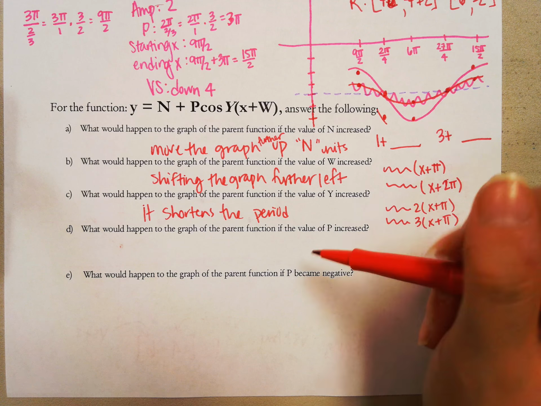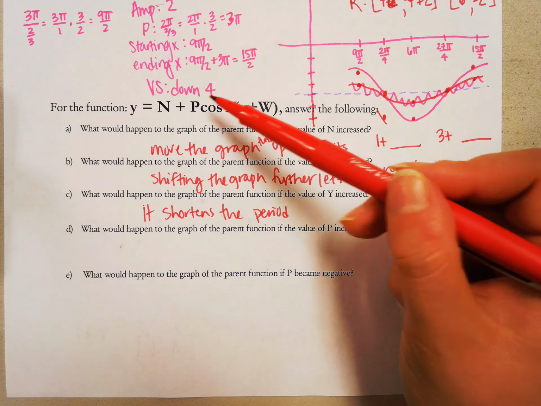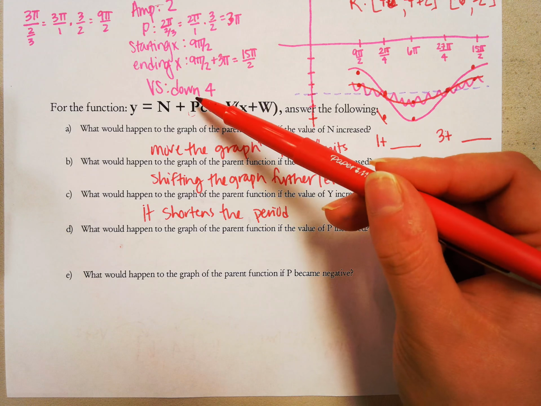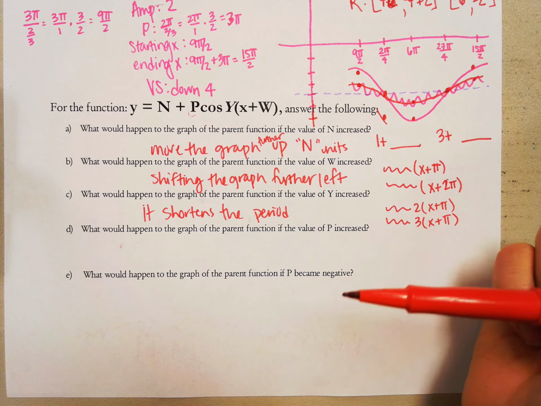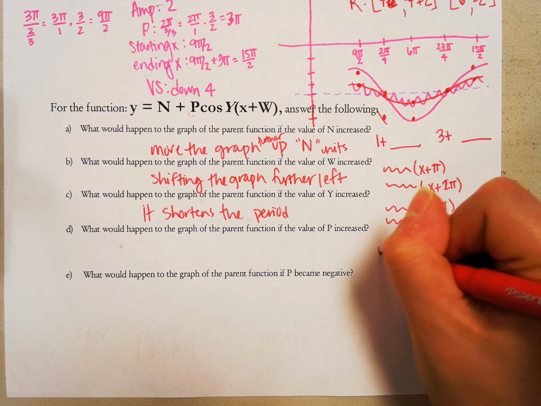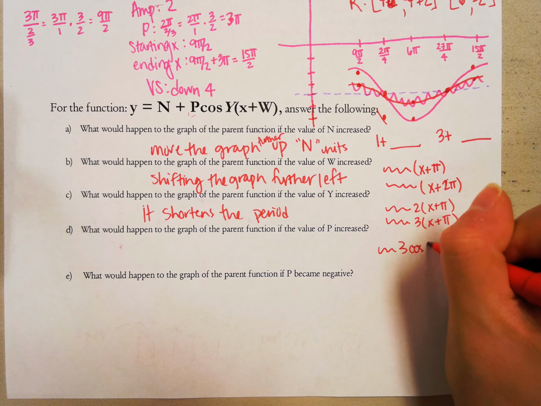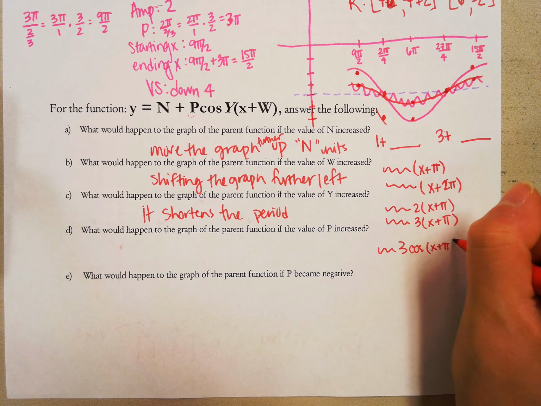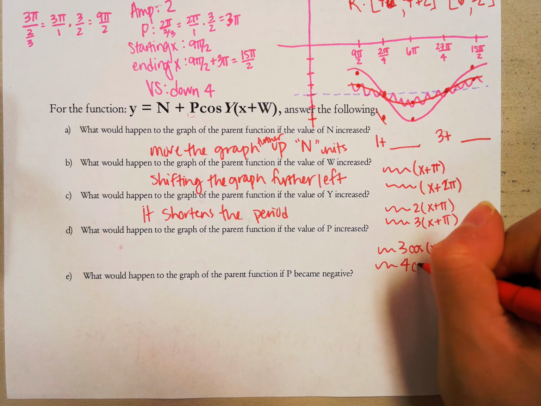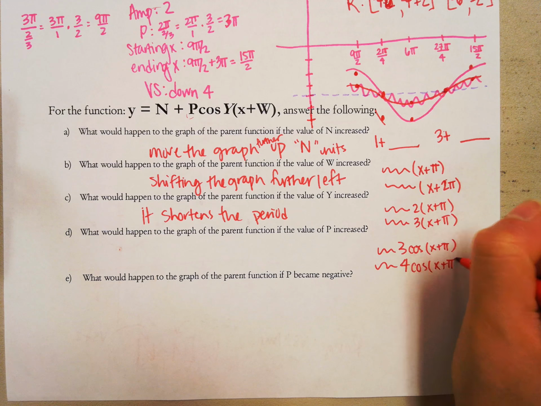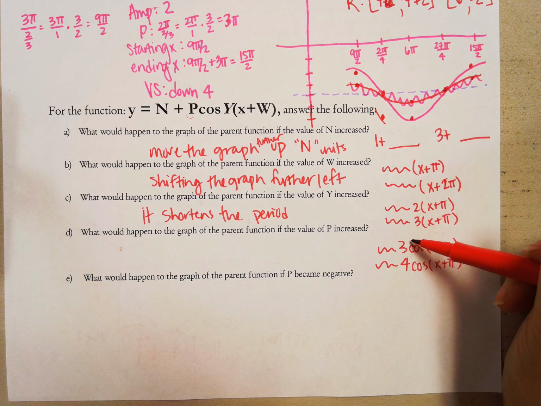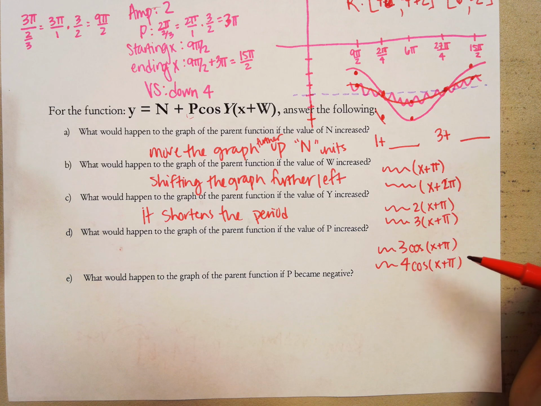What would happen to the parent function if the value of p increased? So the p is on the outside here, so that acts as our amplitude. So if p got bigger, it's something like 3 cosine of x plus pi, and now we're looking at 4 cosine x plus pi. Our normal amplitude is 3, and now we're looking at an amplitude of 4.